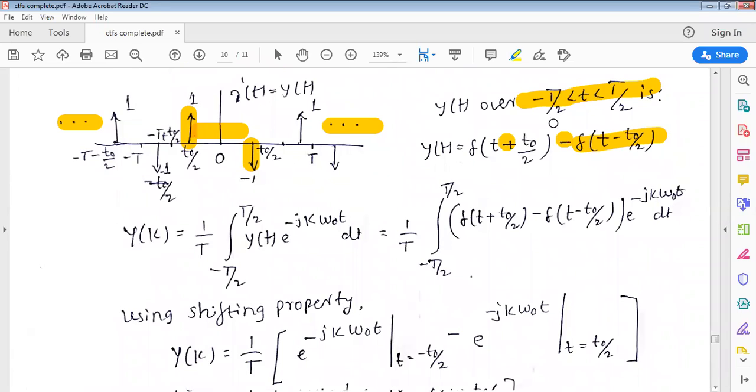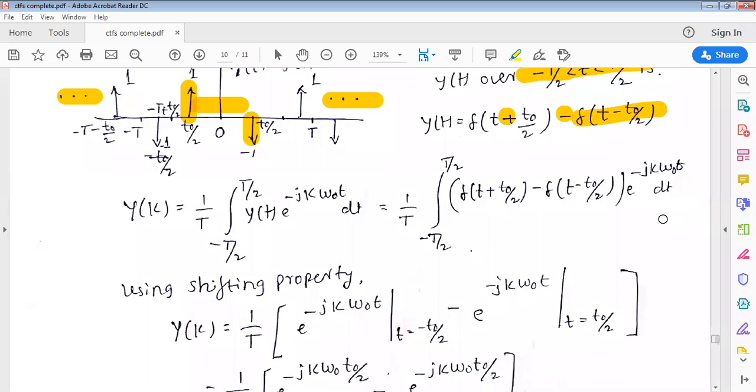Okay, once I have done this, Y of k is equal to 1 by T, integral from minus T by 2 to plus T by 2, y of t into e power minus jk omega naught t dt. So this is equal to 1 by T, integral from minus T by 2 to plus T by 2, delta of t plus t naught by 2 minus delta of t minus t naught by 2, into e power minus jk omega naught t, as it is.